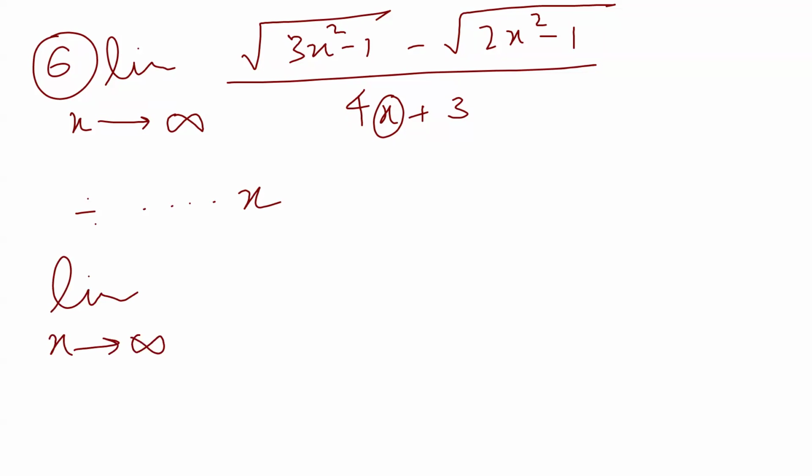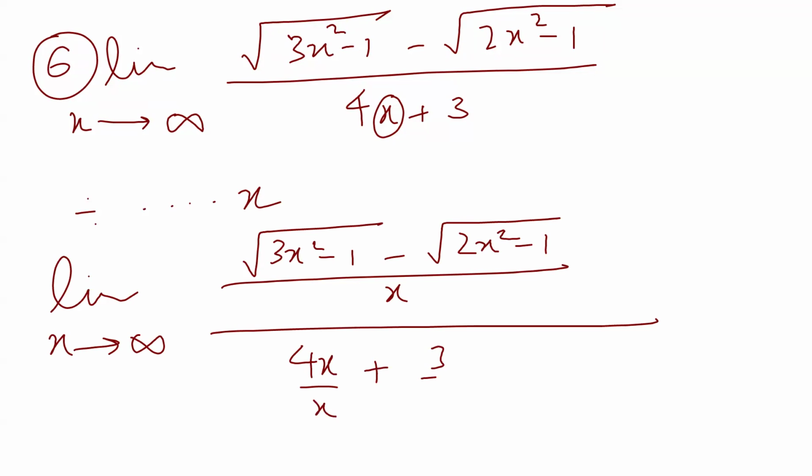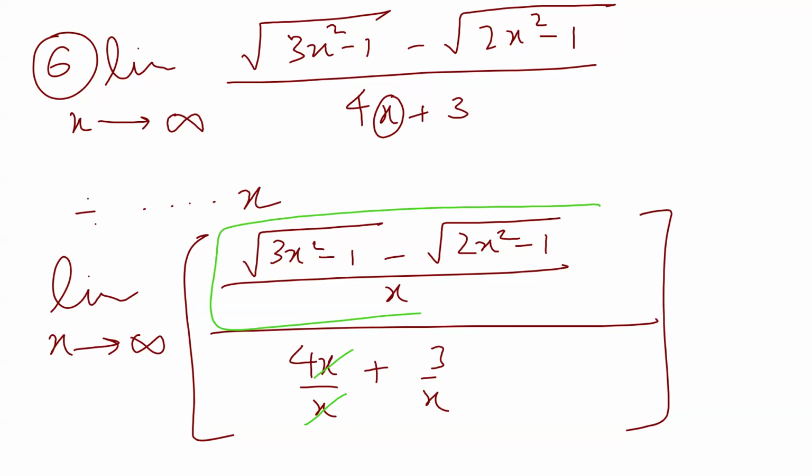Limit x approaching infinity, root of 3x square minus 1 upon x minus root of 2x square minus 1 upon x, upon 4x upon x plus 3 upon x. Okay. So this x will go. Guys, what about the numerator?